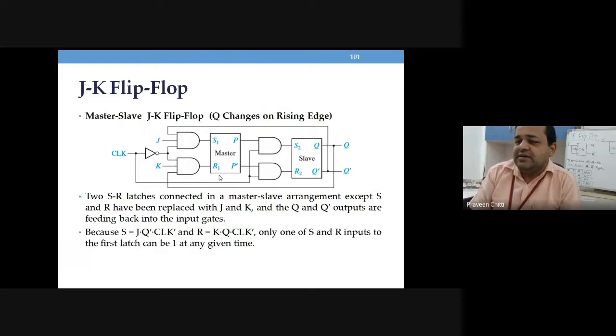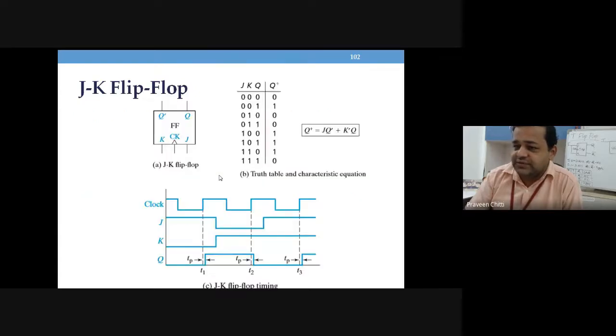In fact, we have shown here SR latch, and to that we have added the AND gate. Instead of this, you can go for the diagram which I have given, wherein it is having 9 different NAND gates. Right, so that 9 NAND gates logic diagram, if you draw, you will get the master slave JK flip-flop. Right, and this is the truth table of the JK flip-flop.